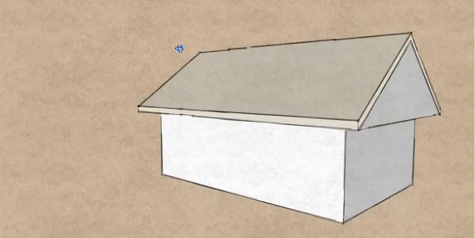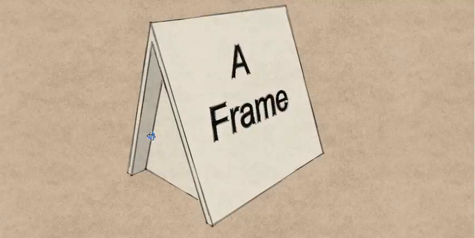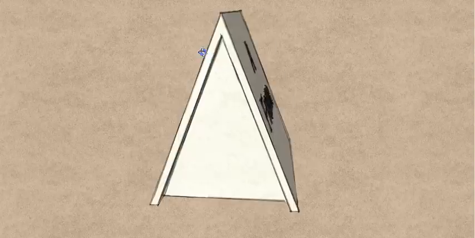Okay, so that's our traditional gable. We also have what they call an A-frame, which is basically a gable roof, but the roof extends all the way to the ground. Used a lot in alpine areas where they have snow, because the steep roof will help the snow to run off or to fall off. So A-frame.